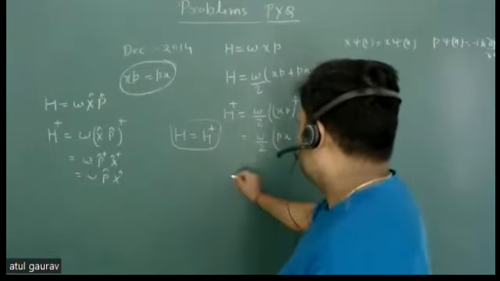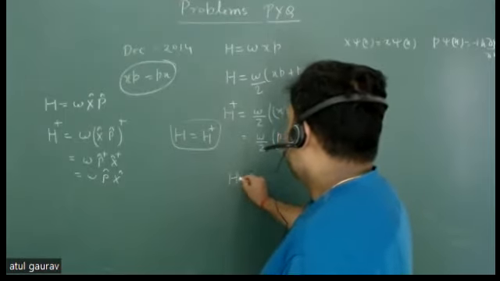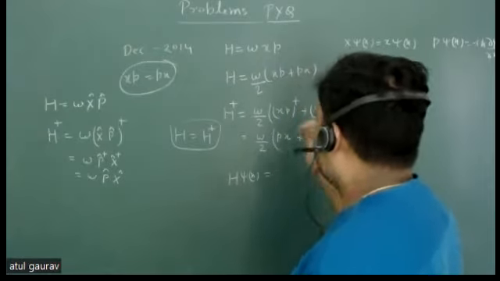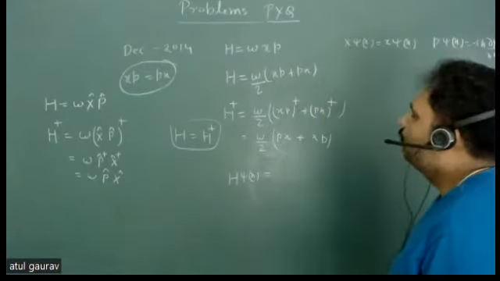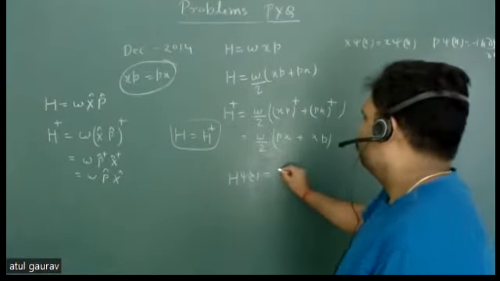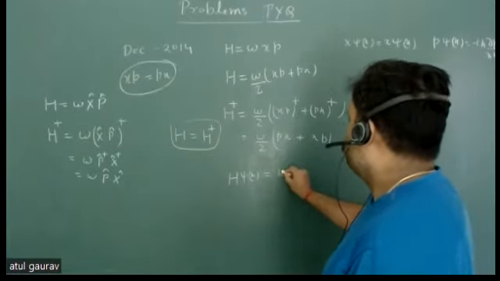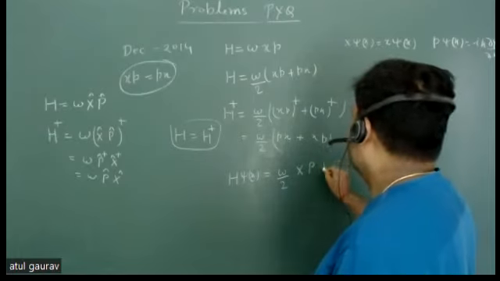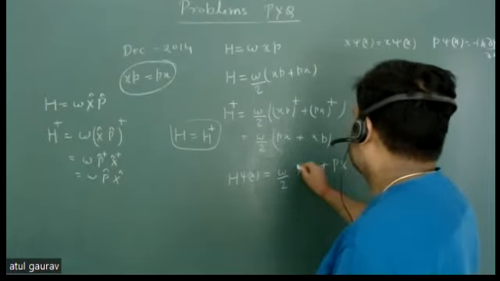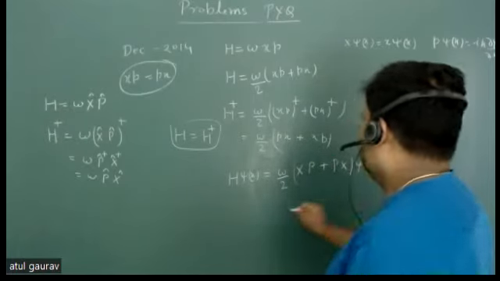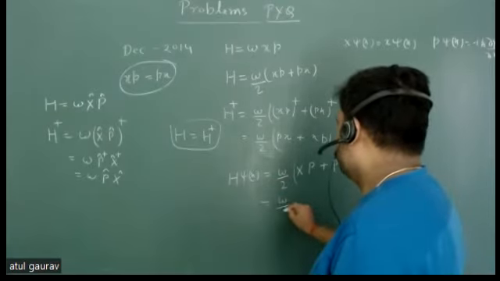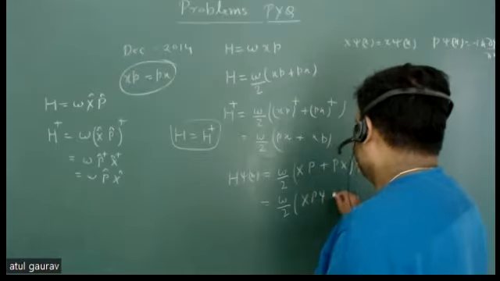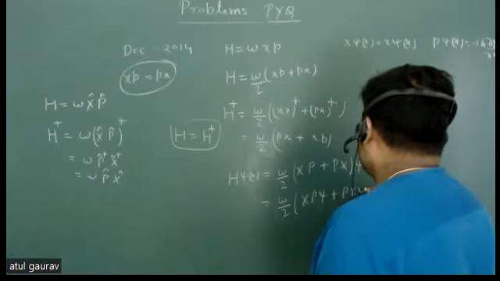So what we will do is operate on some psi of x. This is the way you can write the equivalent operator. You can write omega upon 2 times (xp plus px) psi, which is omega upon 2 times (xp psi plus px psi).